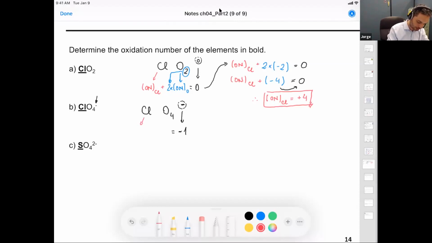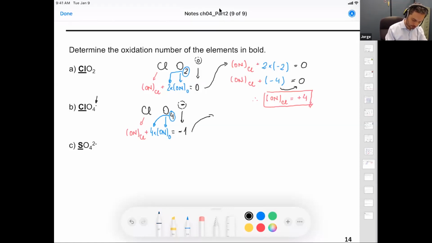So let's write here the oxidation number of chlorine plus 4 times the oxidation number of oxygen. Again, there is a 4 there because we have 4 atoms of oxygen. Therefore, you have to multiply the oxidation number by 4.